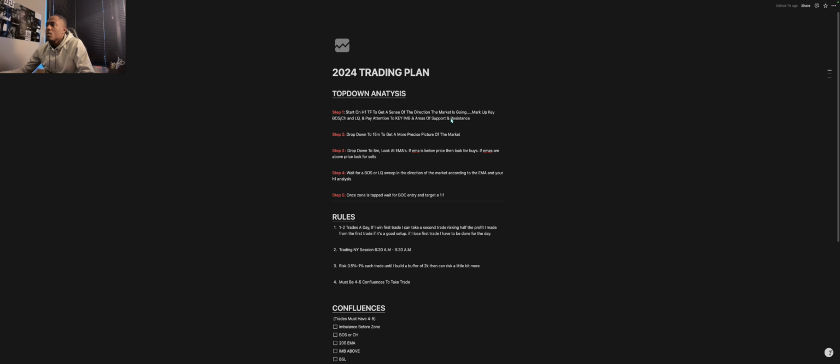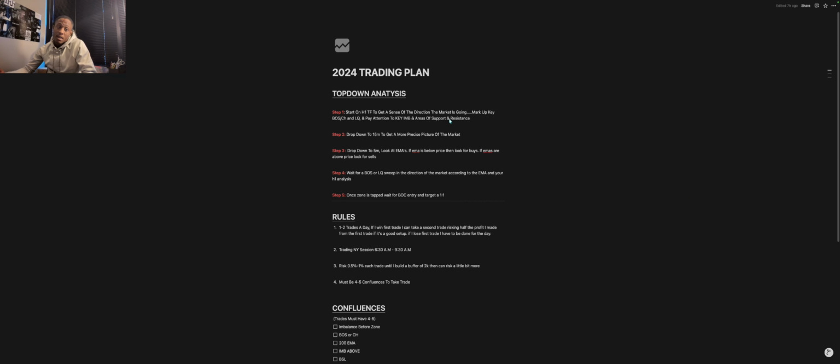I also mark up key breaker structure, change of character and liquidity areas, and I pay attention to imbalance in areas of support and resistance. After I do that, I drop down to the 15-minute time frame to get a more precise picture of the market. I do the same thing, marking up break of structures, change of characters, imbalances and liquidity.